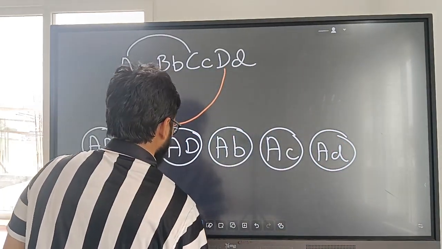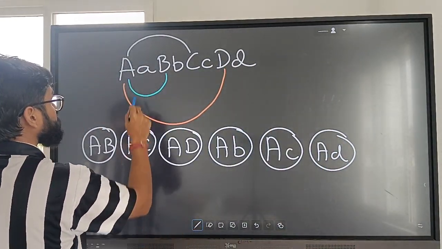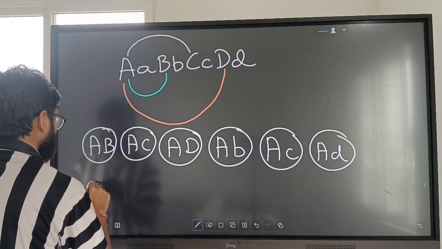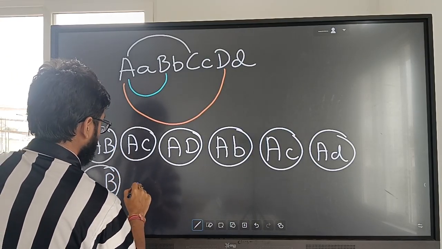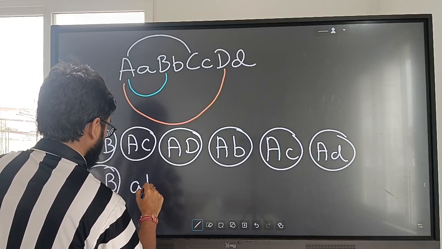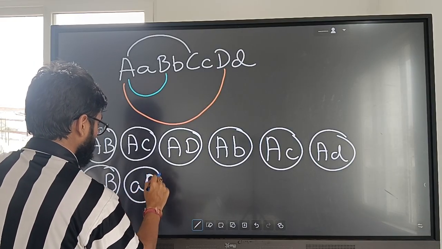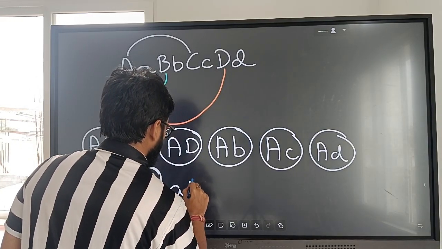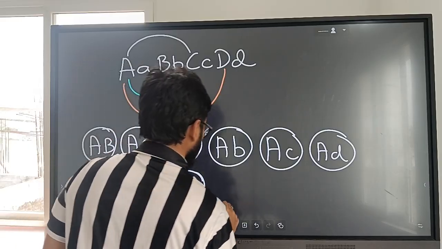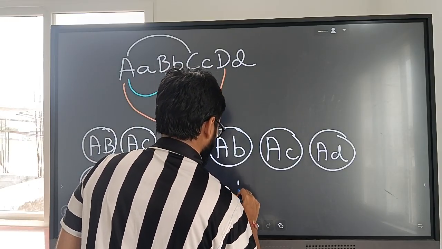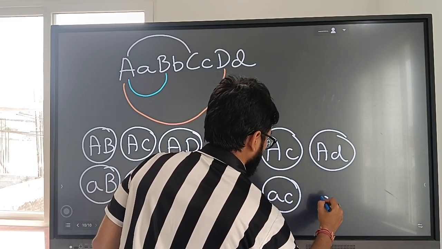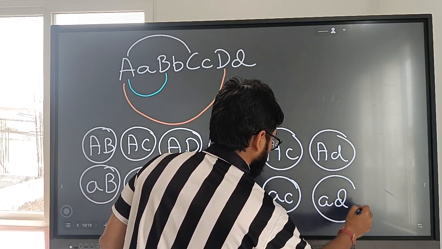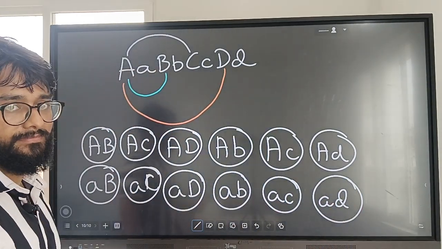Moving on, if we move to this part, smaller part, A capital B, A small A capital C, A capital D. Similarly, A small b, A small c, and A small d, right?